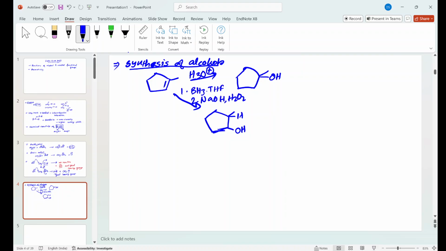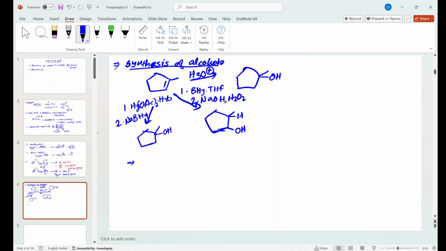Okay, I'm not showing the proper stereochemistry here, but for the moment it's fine. Then you can have the oxymercuration demercuration reaction. You can end up with the alcohol.